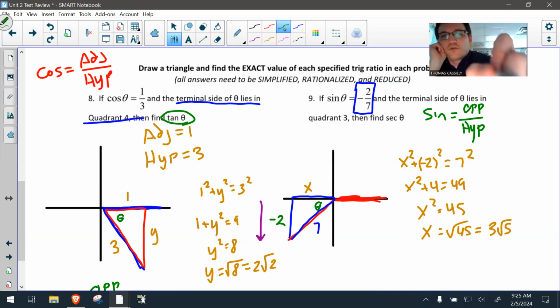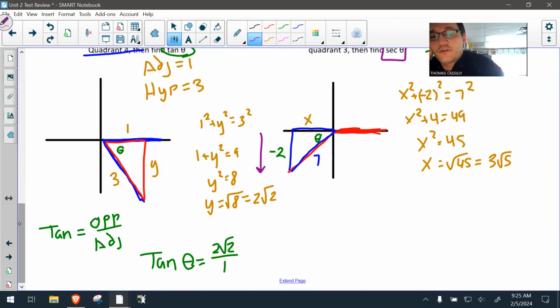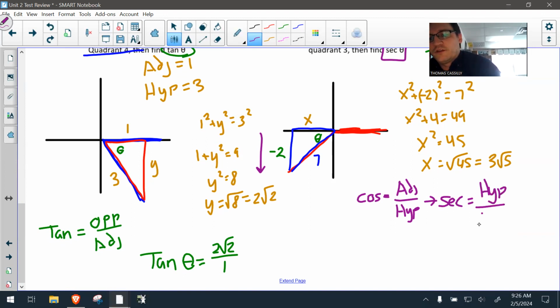They are looking for the secant. Secant is the reciprocal of cosine. I don't have a lot of the other 3 memorized, but I have the original 3. So the cosine is the adjacent over the hypotenuse, which means the secant is equal to the hypotenuse over the adjacent.